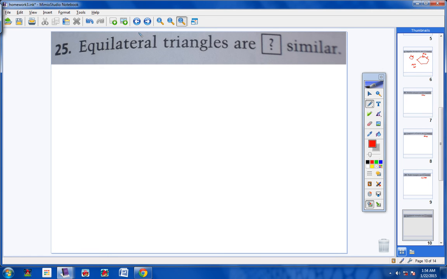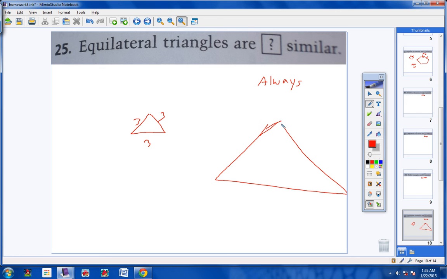Okay, number 25. Equilateral triangles are always going to be similar. They are going to be similar. Yes, always. Because they're equilateral triangles. Now, come on, guys. That means if I have a 3, a 3, and a 3, I've got a real big one over here, and an equilateral triangle, let's say it's an 8, an 8, and an 8.